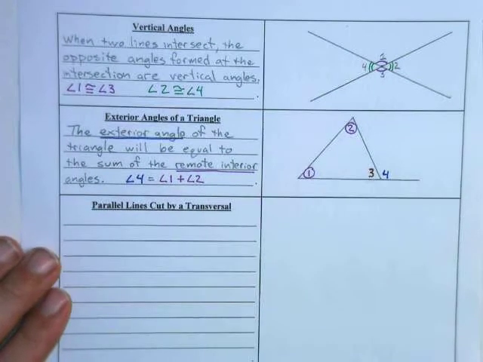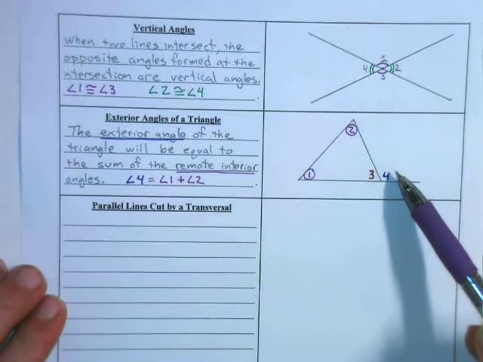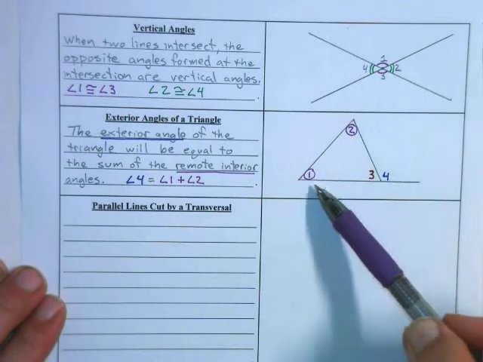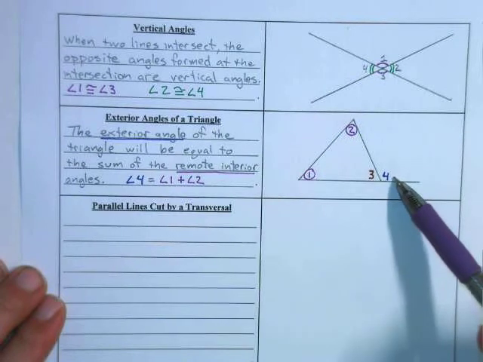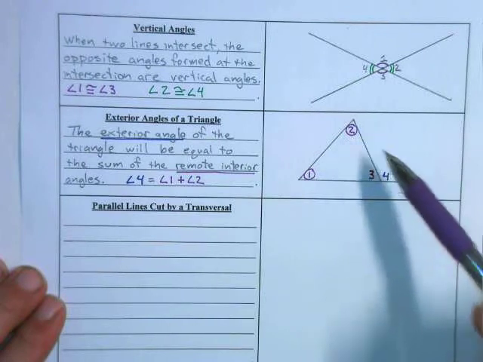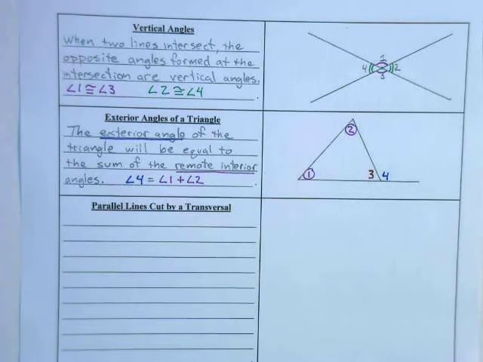And this will occur every time. So anytime there is an exterior angle, the two angles that are furthest away from the exterior angle, if we add those two angles together, they will equal the measurement of the exterior angle.